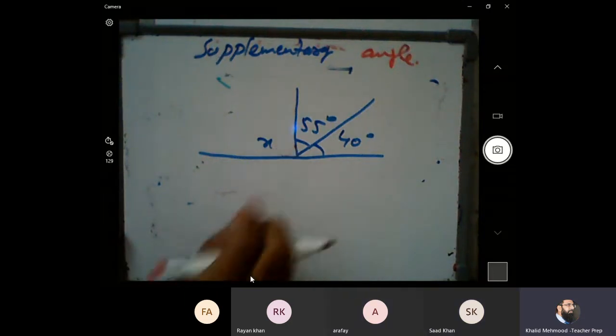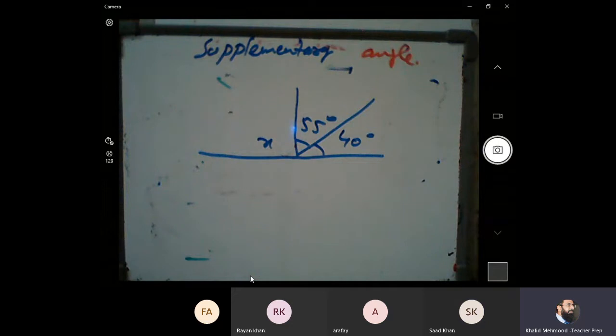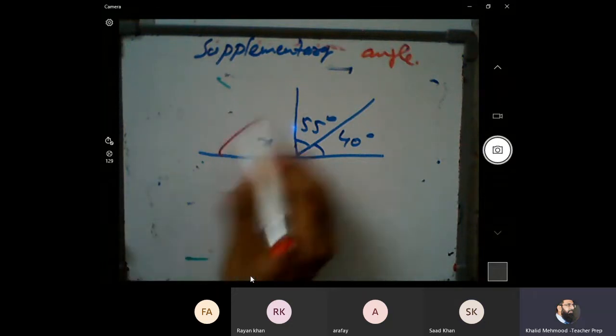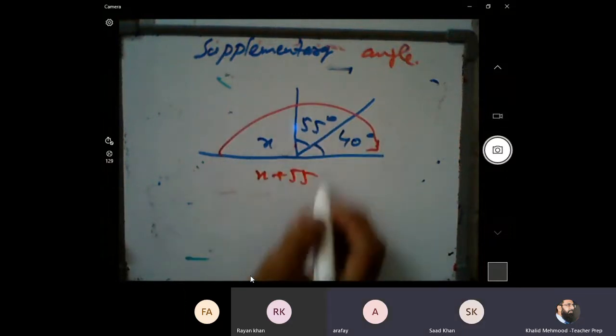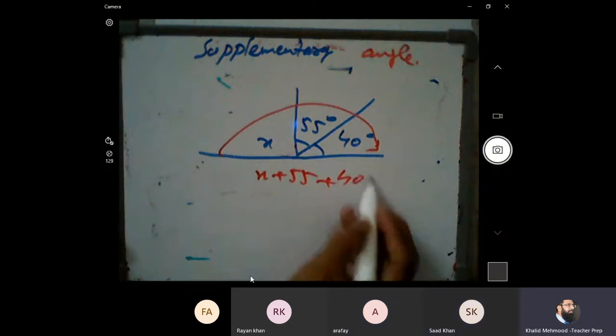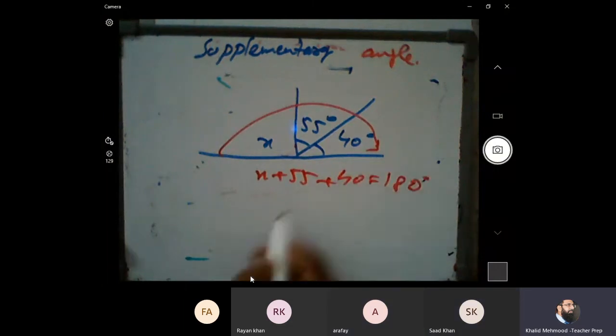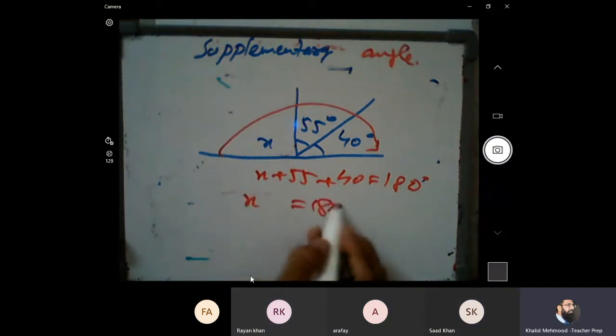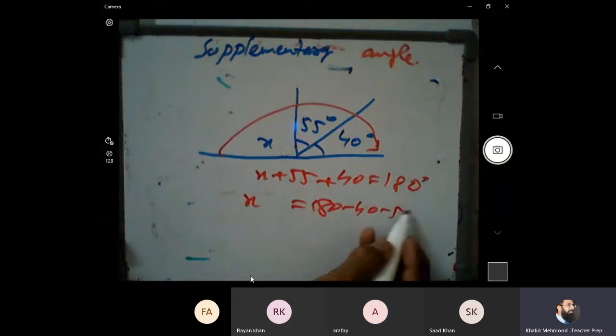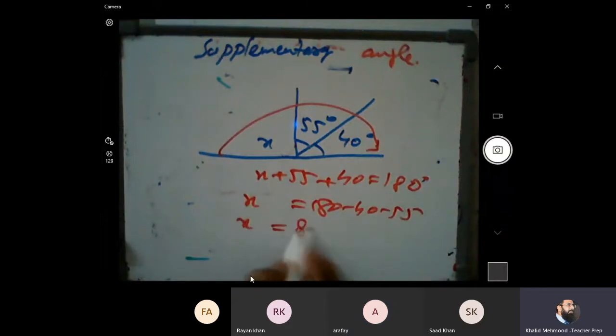If it is not given, then we can't say that this is 90 degree, and we'll be doing the same way as we have done earlier, that this is 180 degree. So x plus 55 plus 40 is equal to 180 degree, and then we'll be subtracting. So x is equal to 180 minus 40 minus 55, which is 85.